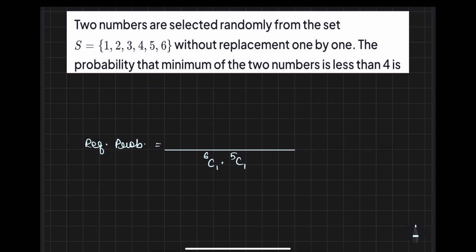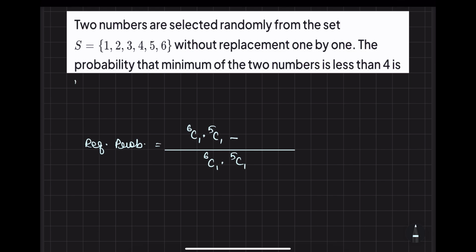As the numbers are very few, we can do this by using the concept of bijection. So altogether the total number of cases is 6C1 times 5C1, minus I'll remove all the ways in which by mistake I have selected the minimum number as greater than or equal to 4.